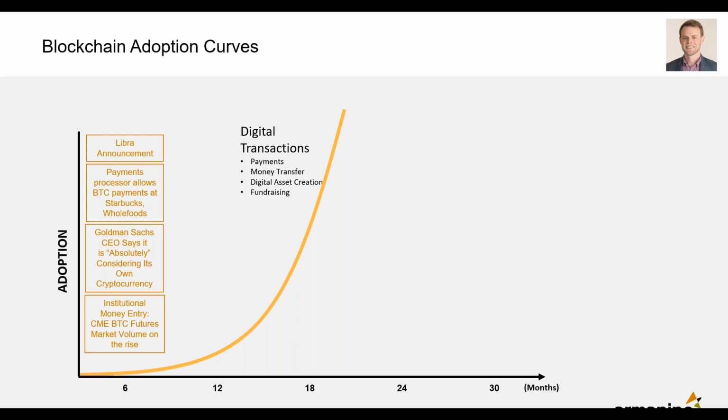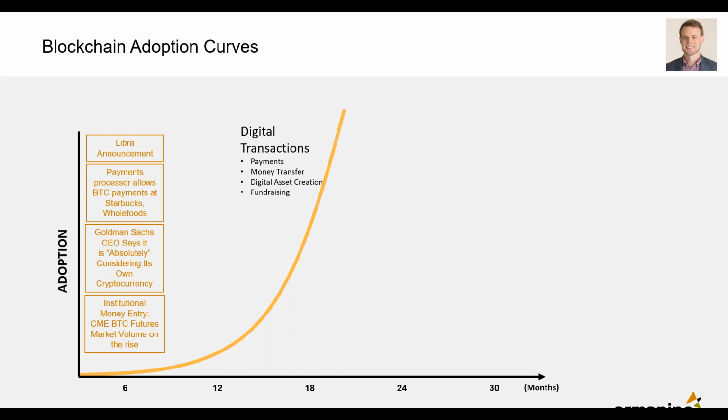JP Morgan's already created their own coin. And then you'll have government-backed coins as well. This is something that just came out in the last few weeks. The Central Bank of China is experimenting with their own digital currency, their own cryptocurrency as well. So you'll really have 3 different types of digital currency in the future.